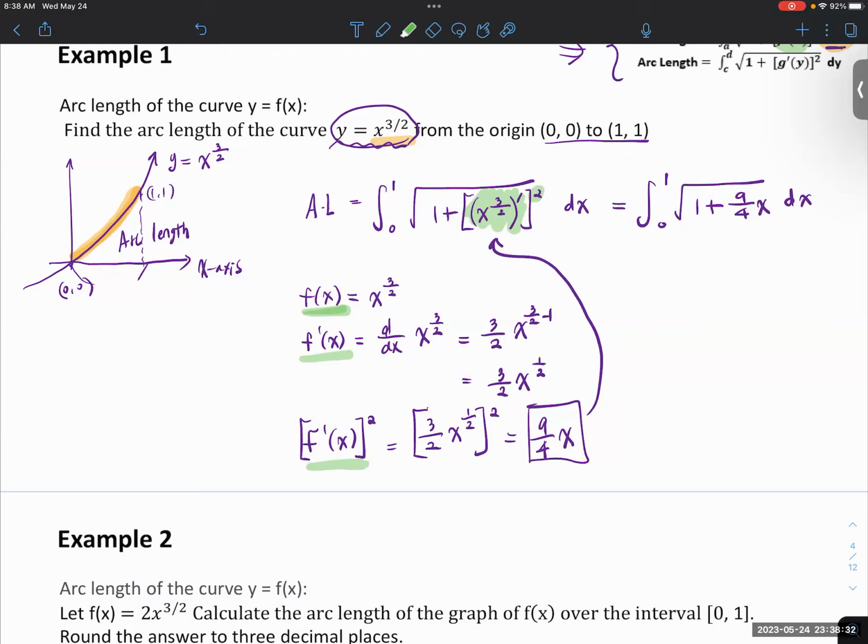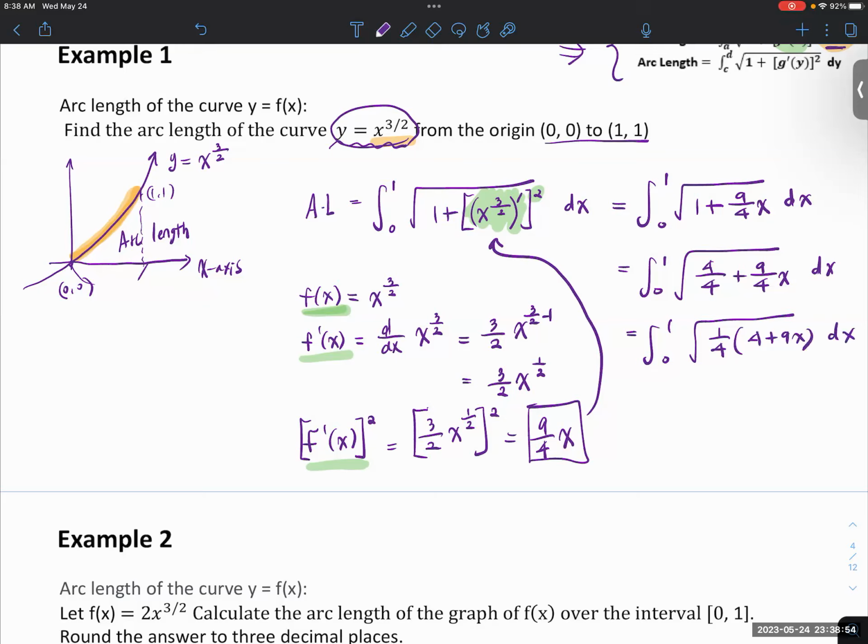So now I'm gonna simplify. We're gonna find the common denominator. 1 is the same as 4 over 4, plus 9 over 4 x, and dx. And that means we can find the common factor, 1 over 4, times 4 plus 9x, correct?